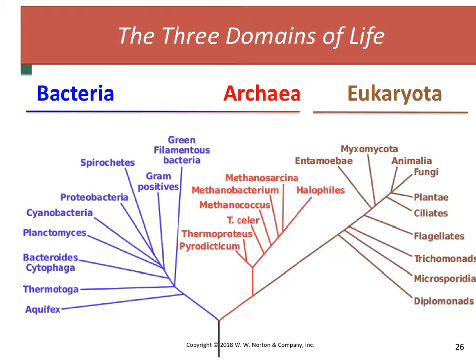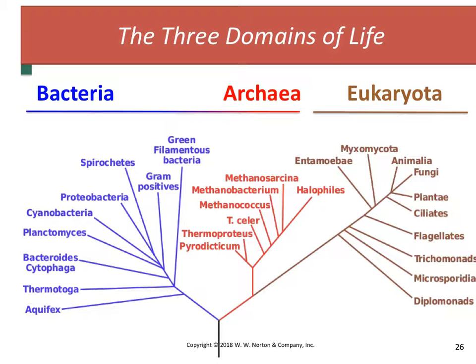Now, in the past, let's say 30 or 40 years ago, it was thought that there were 5 basic kingdoms of life. Monera was microbes, like bacteria, that didn't have cells that had a nucleus.